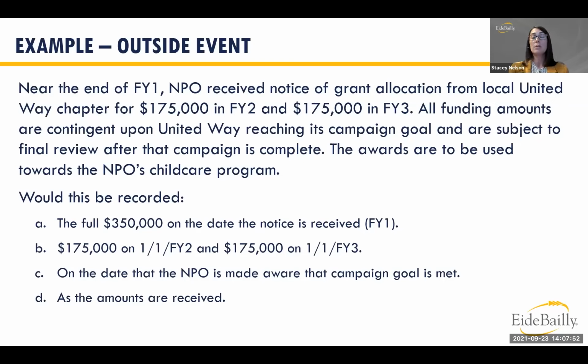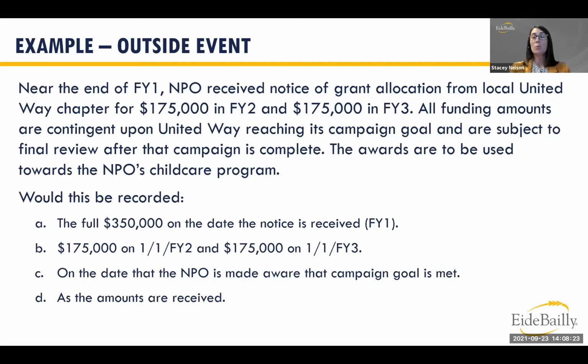The awards are to be used towards the nonprofit's childcare program. So would this be recorded as A, the full $350,000 on the date the notice is received in fiscal year 1; B, $175,000 on 1/1 of fiscal year 2 and $175,000 on 1/1 of fiscal year 3; C, on the date the nonprofit is made aware that the campaign goal is met; or D, as the amounts are received?